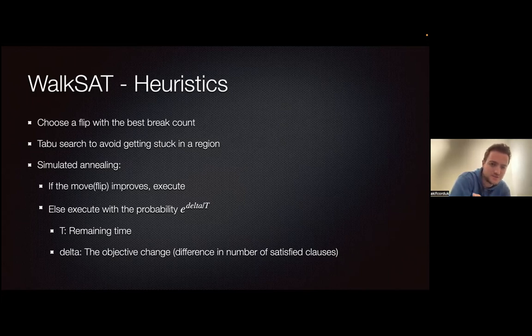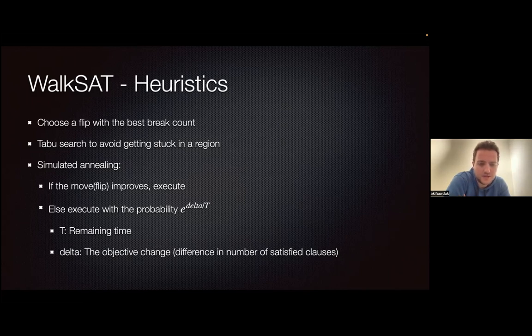So basically, this simulated annealing approach helps you keep the divergence and random walk stochastic nature of the algorithm in the beginning when you have a lot of time. But as you go to the end of your time limit, it forces you to converge more and more. This algorithm is used in many other optimization problems as well.